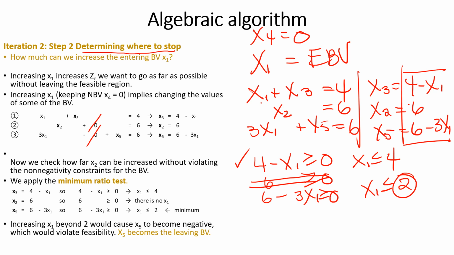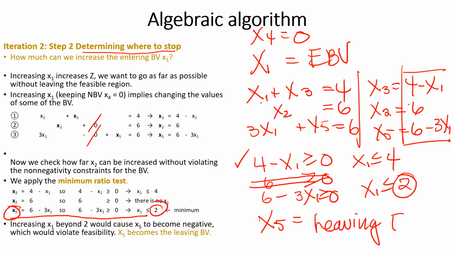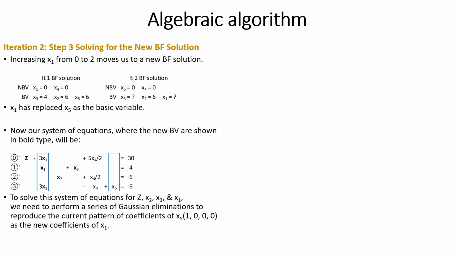Between these two numbers, 2 is the minimum value, and it sends us directly to x5. So that means that x5 will now become my leaving basic variable. That means we're going to be switching between x1 and x5 through Gaussian elimination.